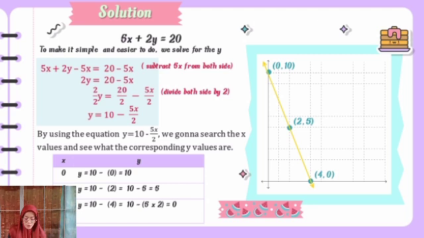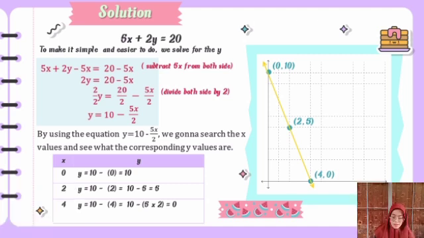By using the equation y equals 10 minus 5x divided by 2, we are going to search the x values and see what the corresponding y values are. If x equals 0, then y equals 10 minus 0, and we have 10.